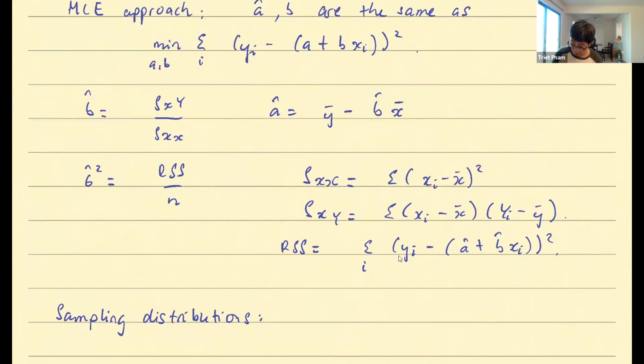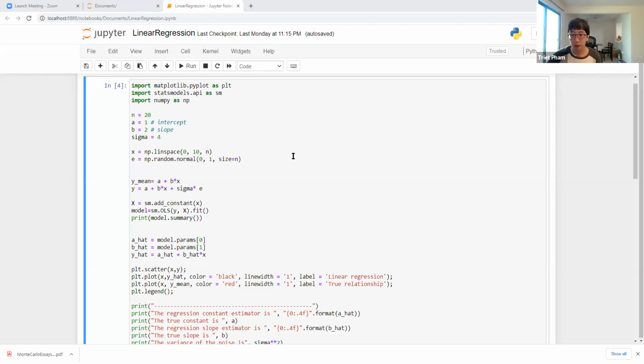But I guess before that, let us take a look at typical linear regression output from a program, which I think you have seen somewhere before as well, but might as well put it into context.